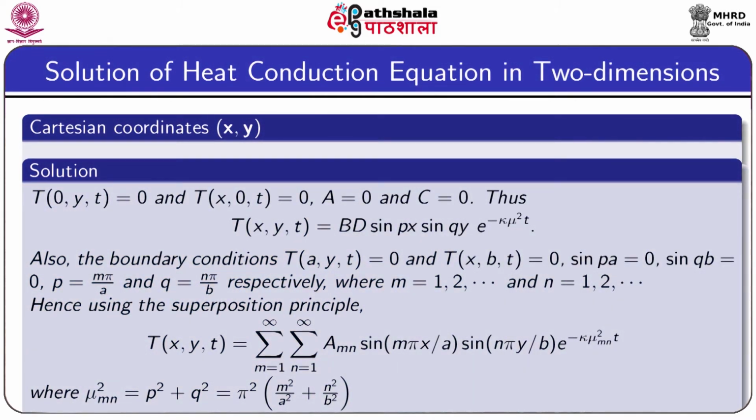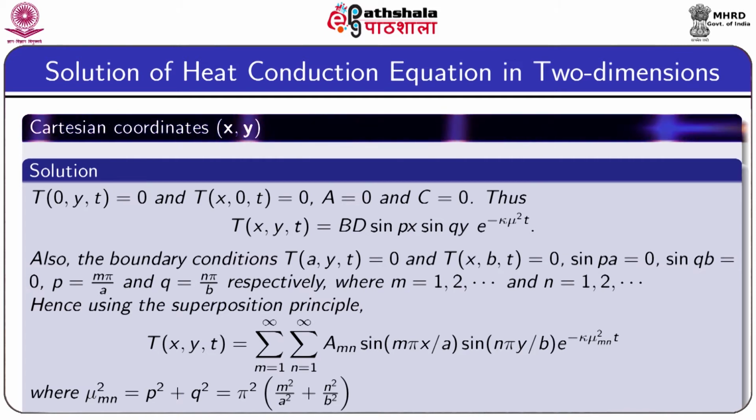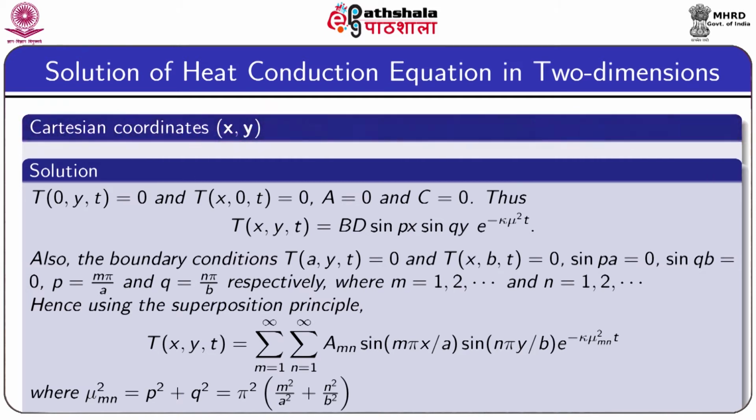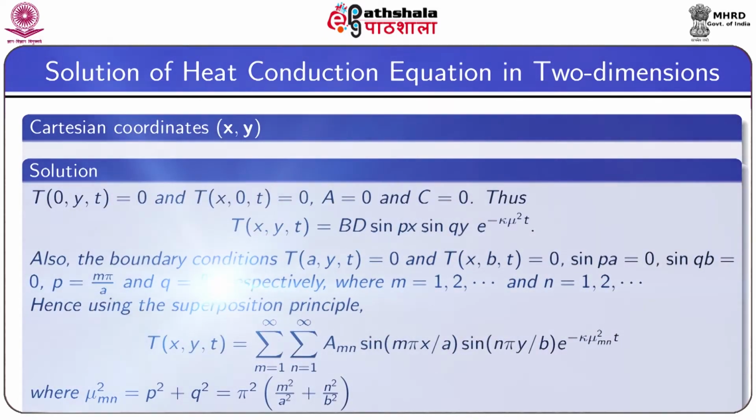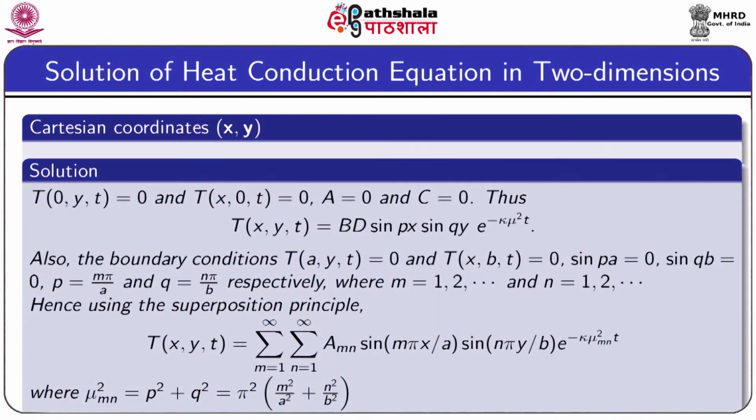There are also two boundary conditions, which are T at x equals a equals 0. If we apply this condition in the above expression, we get sin pa equals 0. So this gives p equals m pi by a, where m is a positive integer.